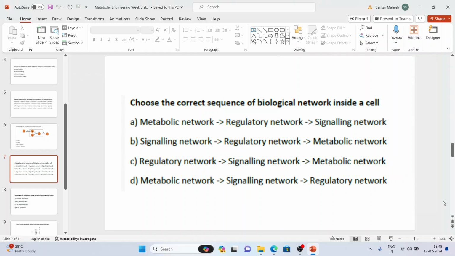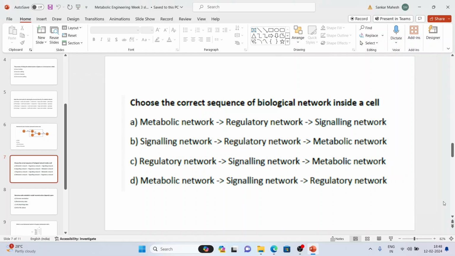Just building on your answer, option B is right. As you mentioned, the first component of any pathway involves signaling. The signal could be either intracellular or extracellular. Let's say there is a metabolite A that is entering the cell, or maybe the cell requires a metabolite to be synthesized.